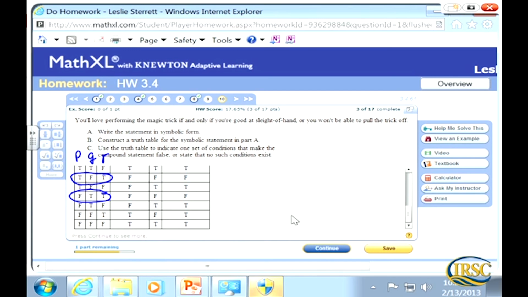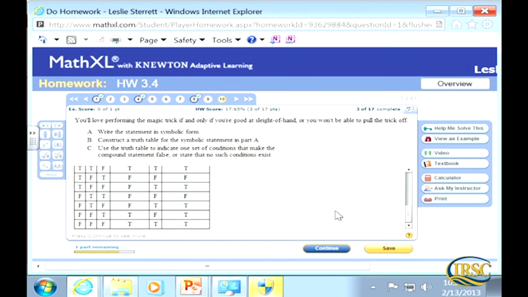So let's take a look at the other times that R is true. The only time R is true is in the first, third, fifth, and seventh row. So let me circle these ones that we're focused on again.